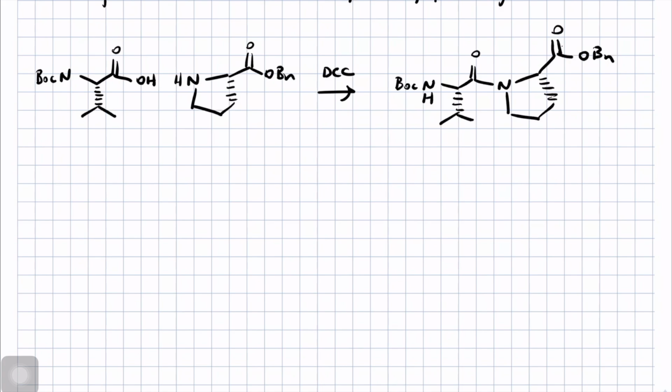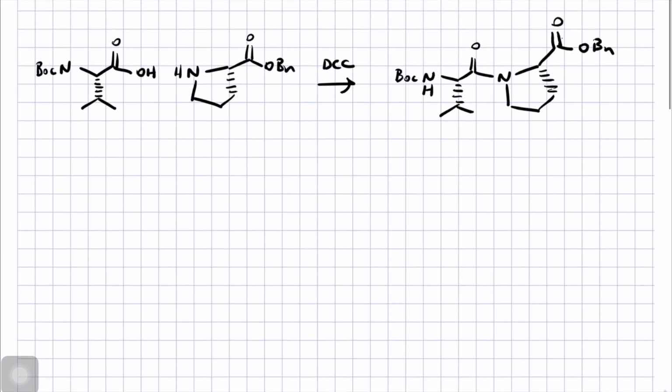Sometimes beta-branched amino acids don't couple on very well because of steric hindrance associated with the large side chain. Couplings with proline can be difficult because the proline secondary amine is somewhat hindered. So suppose you did this reaction and the yield wasn't very good.